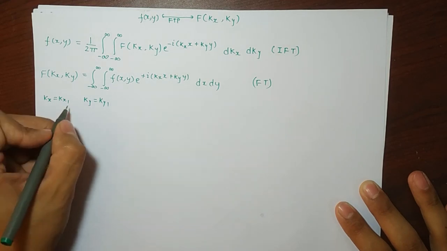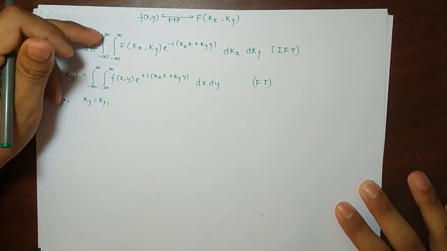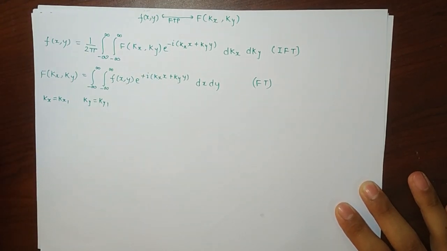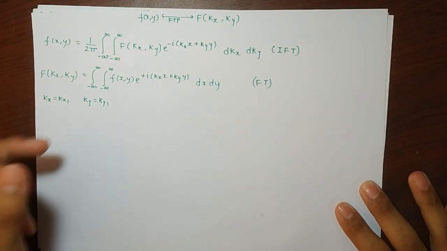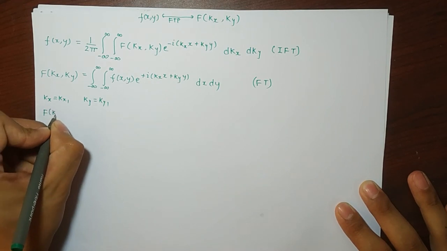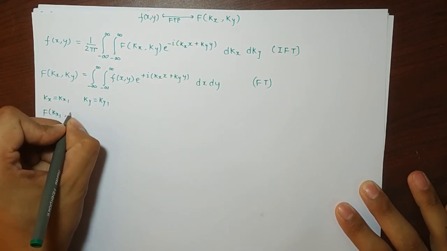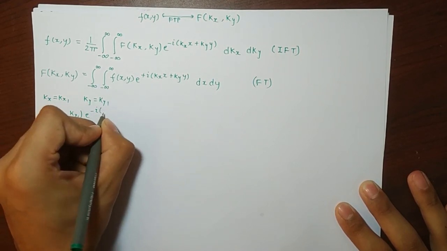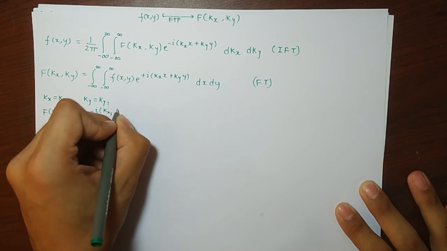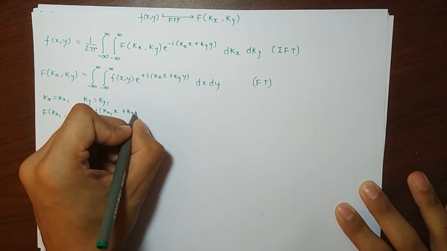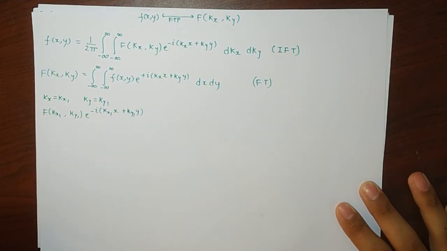So these kx and ky are from minus infinity to plus infinity. I am taking them from their respective ranges. So what really happens? Now this particular function becomes f of kx1, ky1 e to the power i (kx1 into x plus ky1 into y).